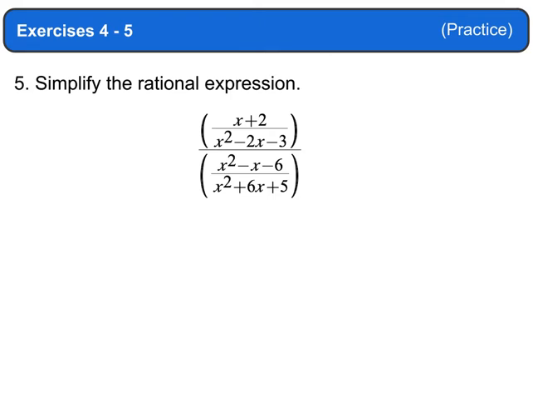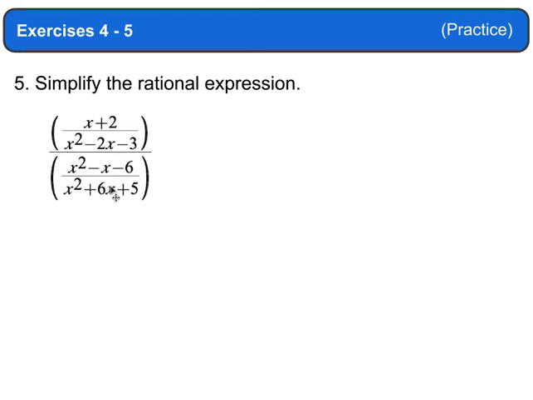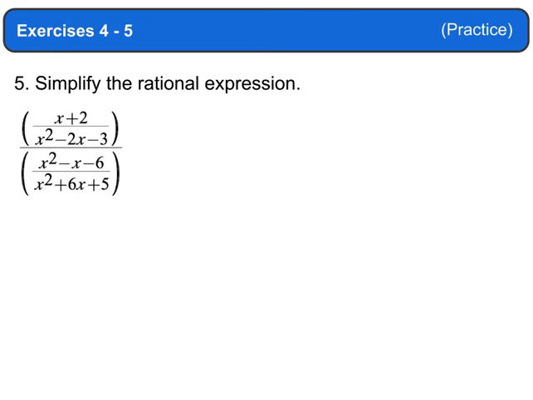The last one we have is this one here, where it's written in the style of a complex fraction. So again, we don't actually divide fractions, so we're going to rewrite this as a multiplication. Here we go. And so we're going to factor this as we go. And so we're going to have our x plus 2.